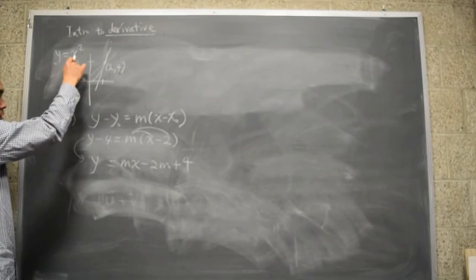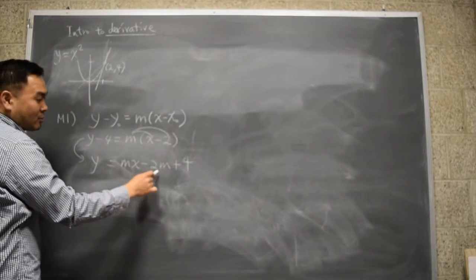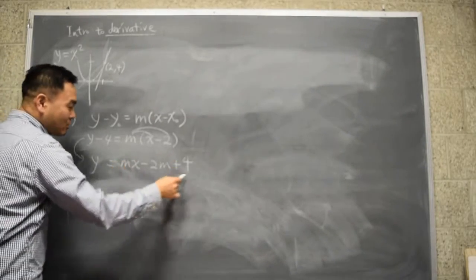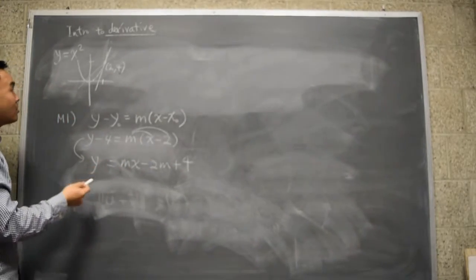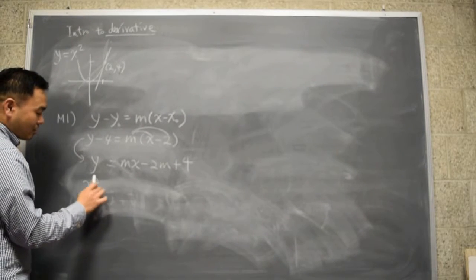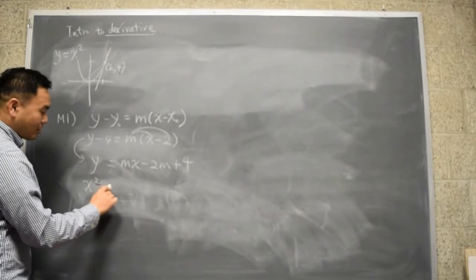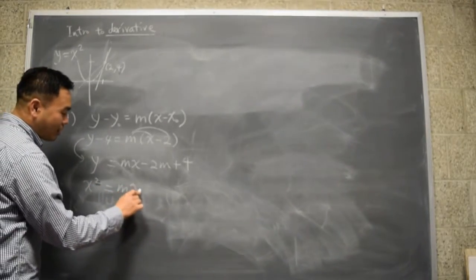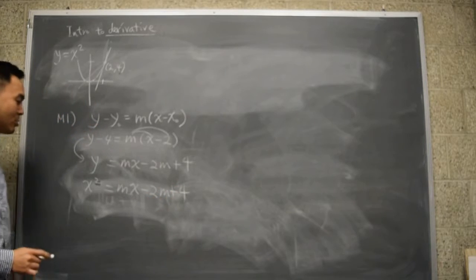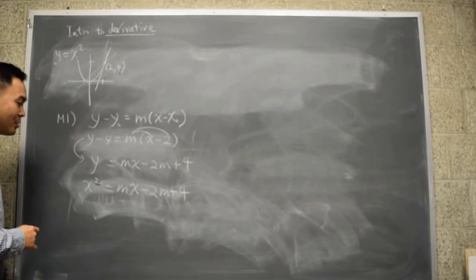Here's y equals x squared. Here's y equals mx minus 2m plus 4. I know this is a bit scary because you have an m here, but nonetheless, since we're trying to find the point of intersection, and we're trying to find out how many, we have no choice but to set them equal to each other. That's the first method.